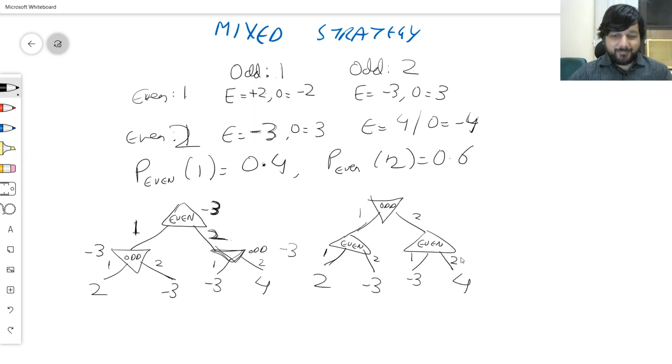So it turns out to be a minus 3, a plus 4 over here, and a plus 2 over here, and the value is the least of the two, so plus 2. What this shows is that if one of them cheats, this is exactly what happens.